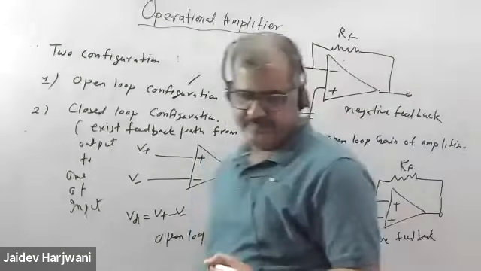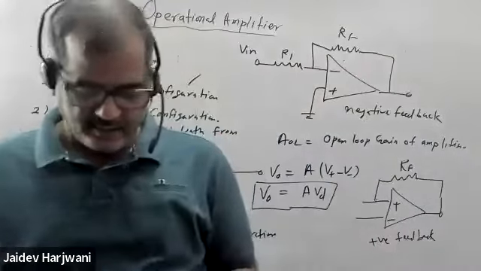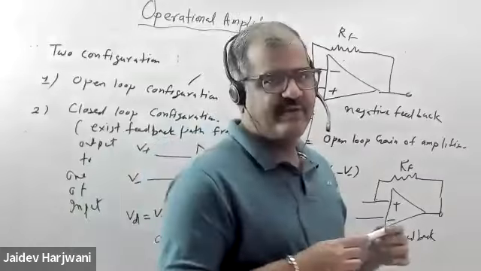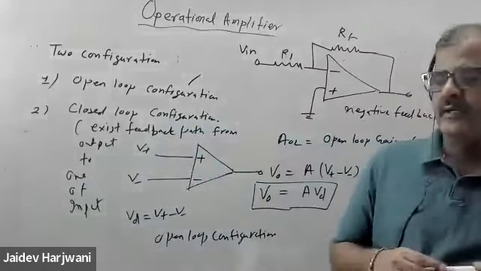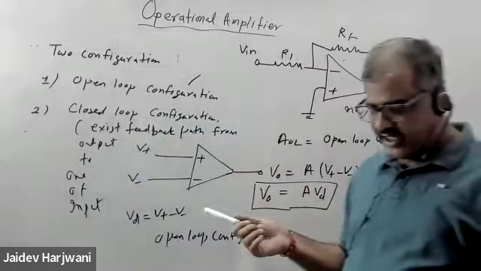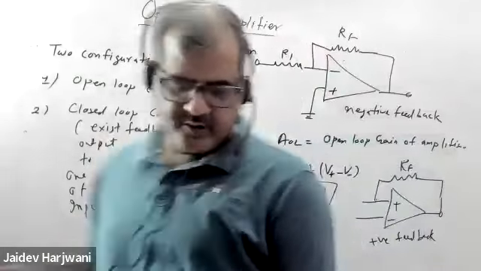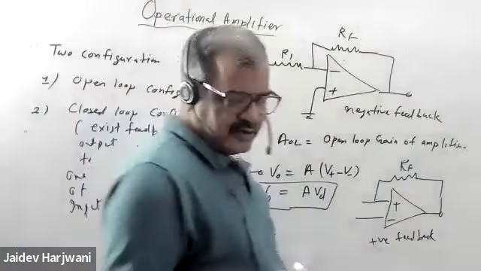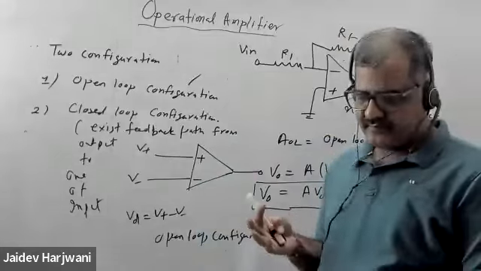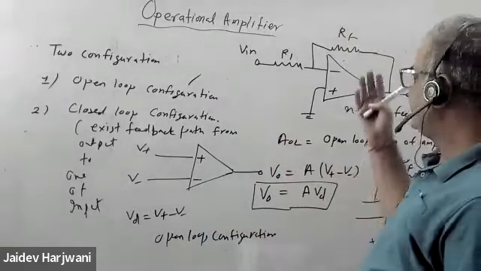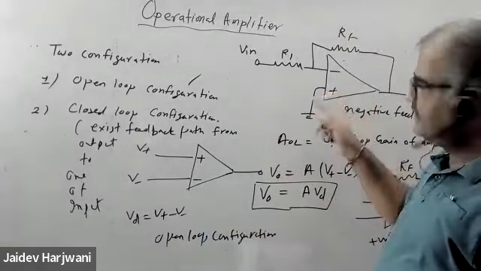Again, I am repeating: open loop means there is no feedback from the output to input. Closed loop means there is a feedback from output to input. Whenever there is feedback at either the plus terminal or minus terminal, this potential will change.